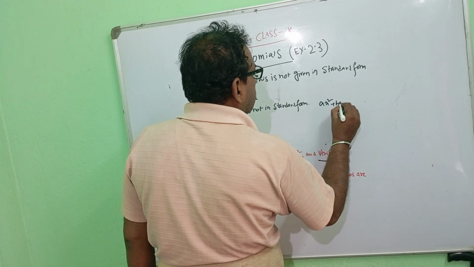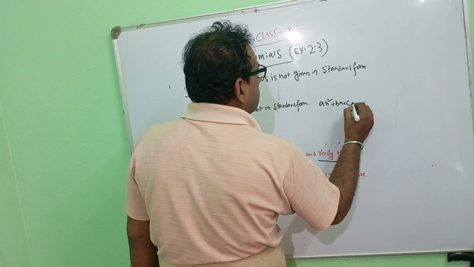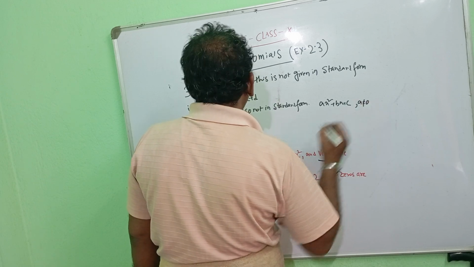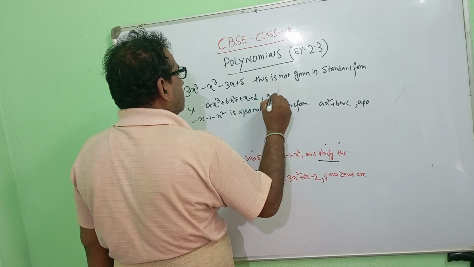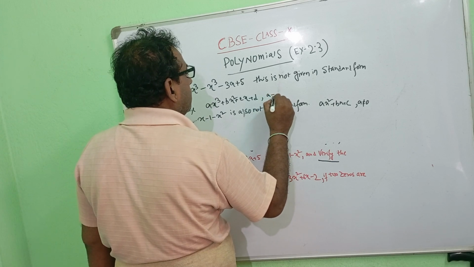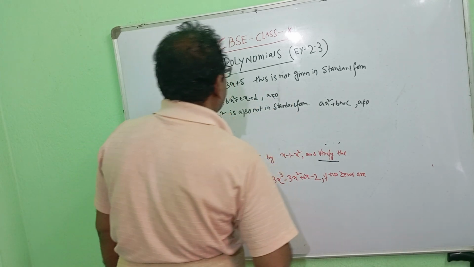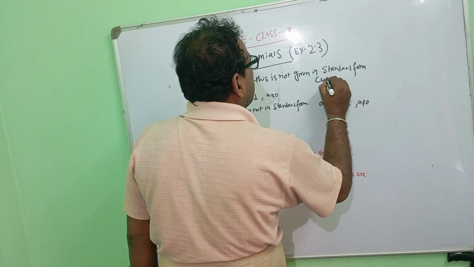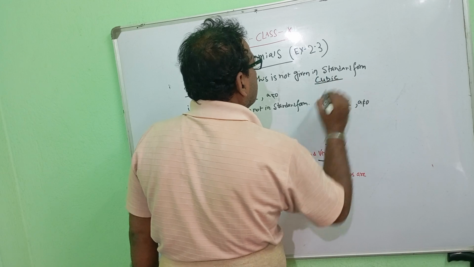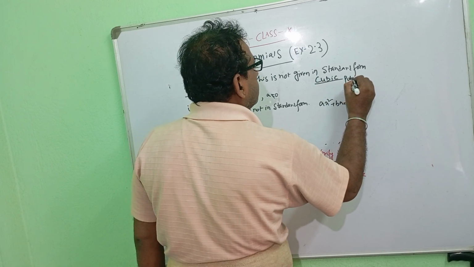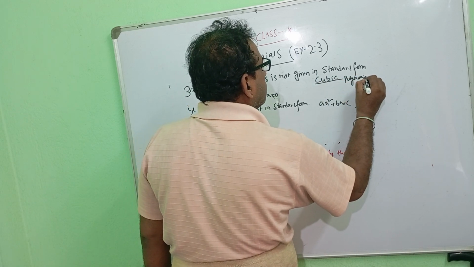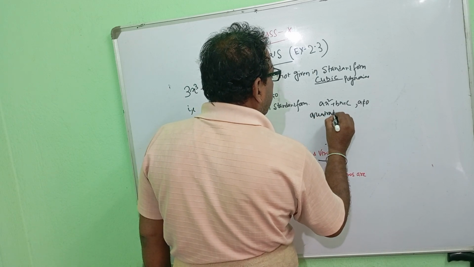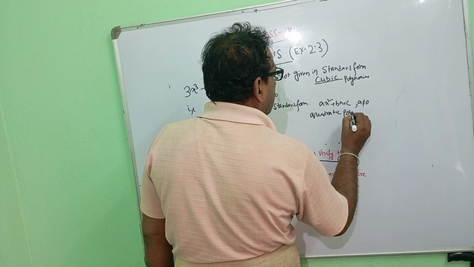Ax square plus bx plus c, where a is not equal to 0, and over here also a is not equal to 0. This is called a cubic polynomial, and this is a quadratic polynomial.